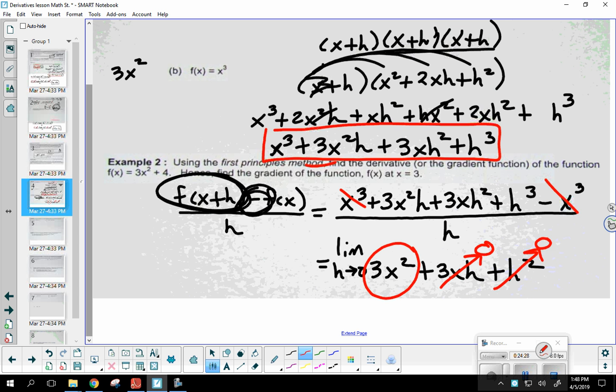So the 3xh term, that whole term disappears, all h. Well, no, because it's a product. So we have no idea what x is. All we know is that h is getting smaller and smaller. It's getting closer and closer to 0. So what's going to happen when I multiply something by a value that's getting continually smaller? The product is getting continually smaller, so it's going to approach 0.